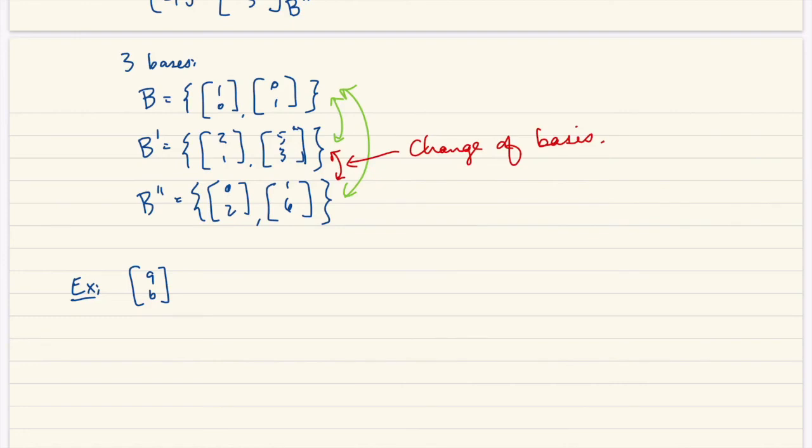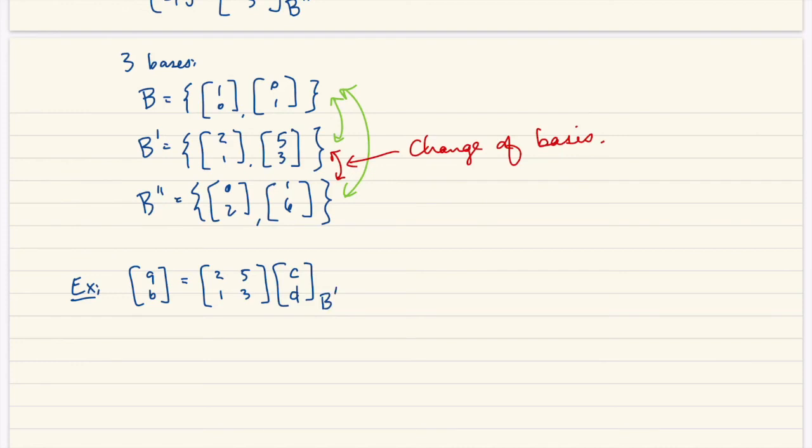This is the usual vector AB, and we wanted to write this as a linear combination of the basis vectors in B prime. So we had 2, 1, 5, 3. This, by the way, is a 5, 3, though it didn't show up very well on the screen. So 2, 1, 5, 3 times CD, and this CD was relative to the basis B prime.